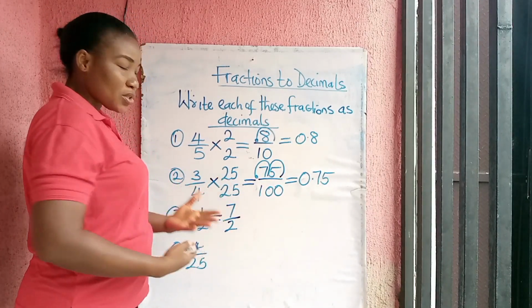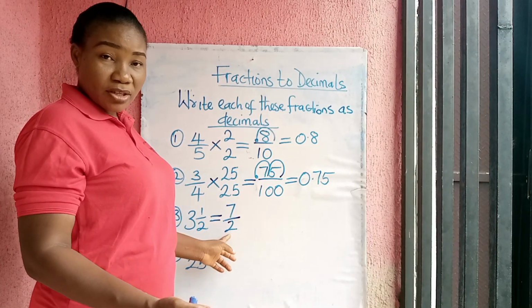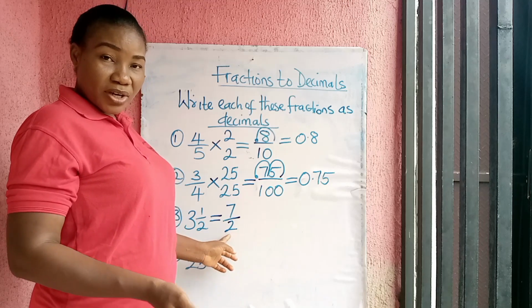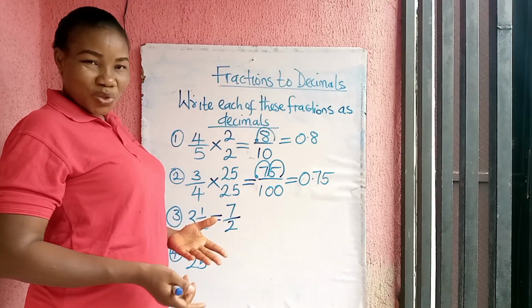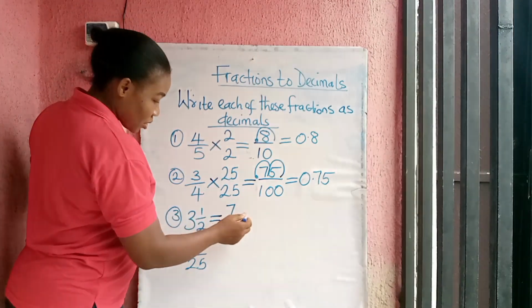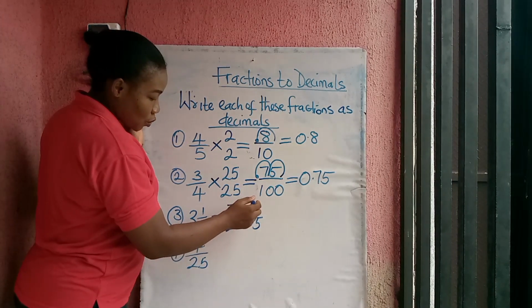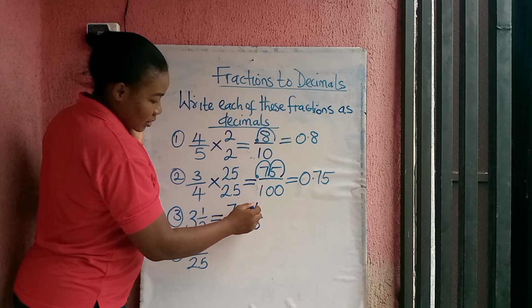At this point, you ask yourself, which factor will I multiply the denominator with, which will give me a power of 10, 100, and 1000? 2. Let's work with 5. So we are going to multiply 2 by 5 and also 5 by 7.